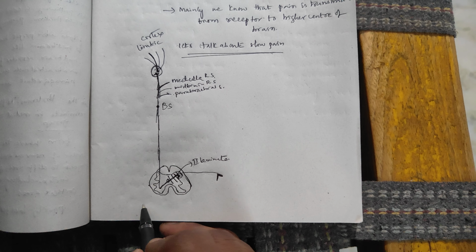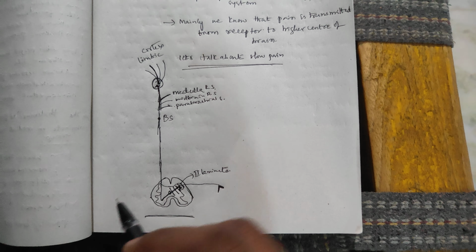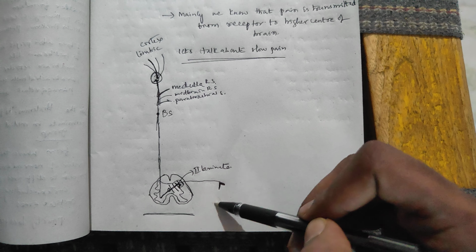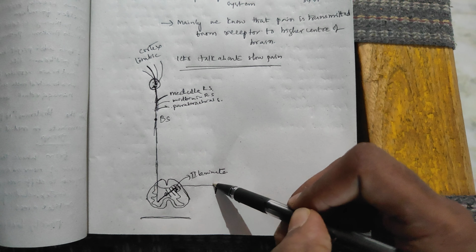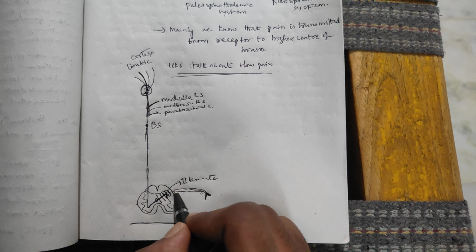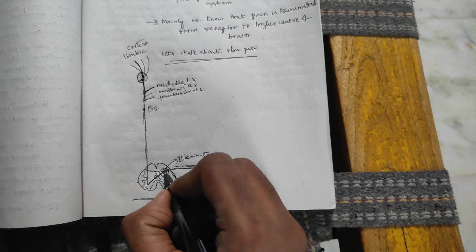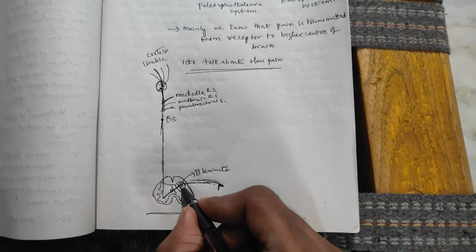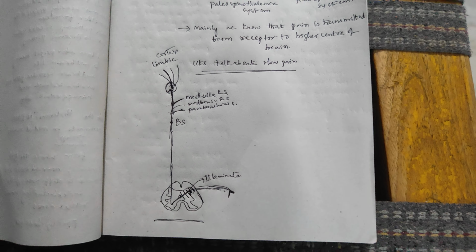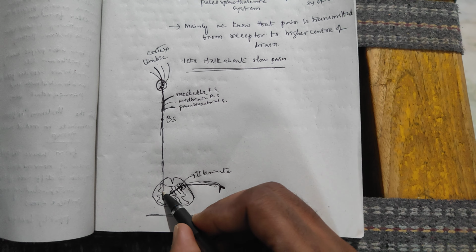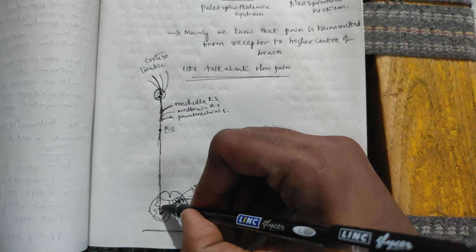Mainly, this type of system is poorly localized. The first order neuron starts from the receptor and terminates in the second lamina of the spinal cord dorsal root, and then the second order neurons move to the opposite side.